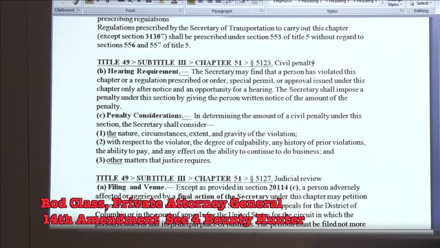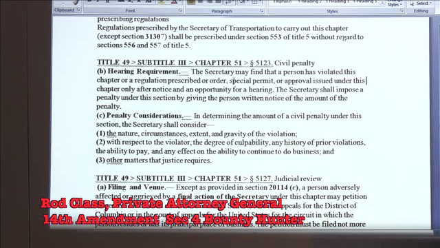under 49, subtitle 3, chapter 51, 5123, civil penalties. The secretary may find that a person has violated this chapter or a regulation prescribed or order. Now, wait a minute. Doesn't regulation and order sound awful familiar with the state of emergency clause where they're pulling their words and agency?